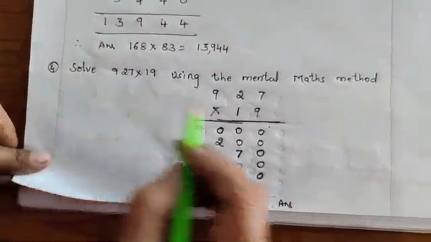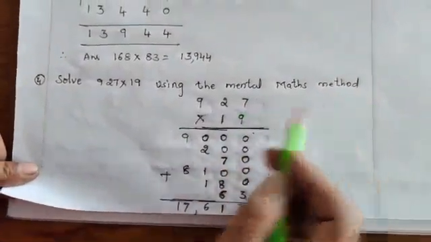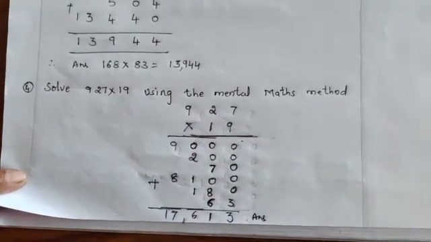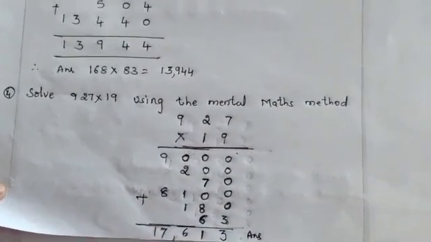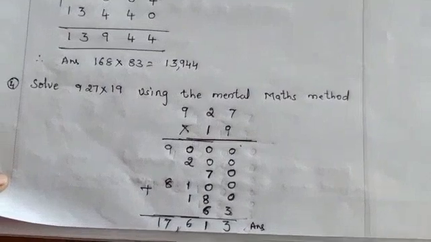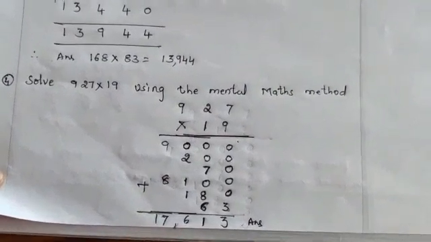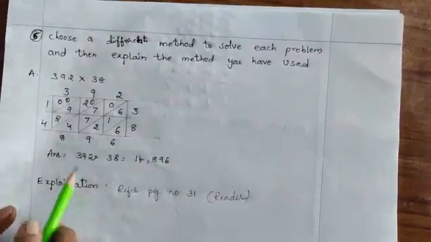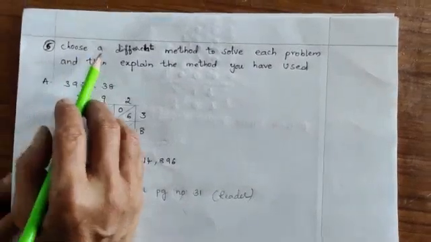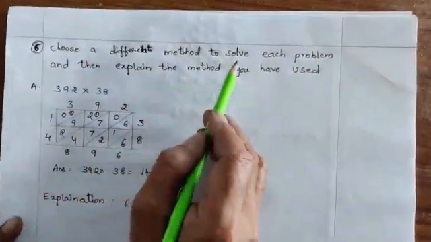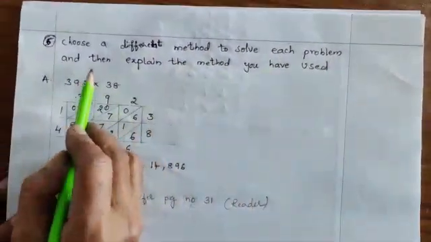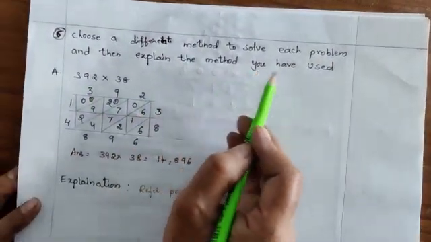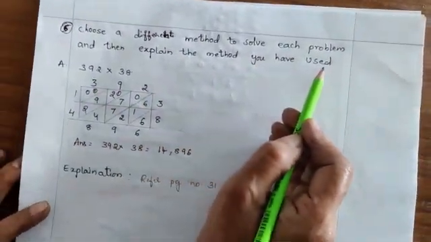Fourth bit, mental maths method. Fifth bit, choose a different method to solve each problem and then explain the method you have used. Okay?